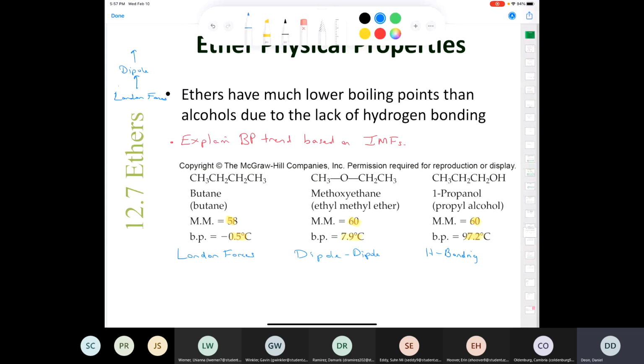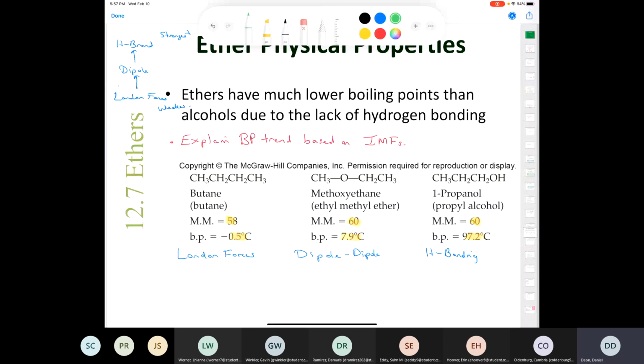These are the strongest, these are the weakest. And so that explains why 1-propanol has a higher boiling point than the ether, and the ether has a higher boiling point than the alkane, butane.